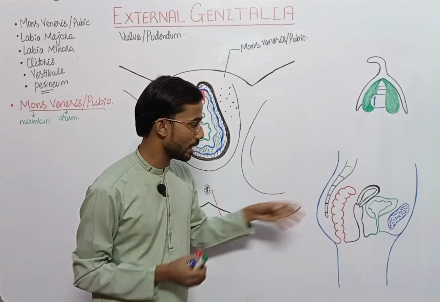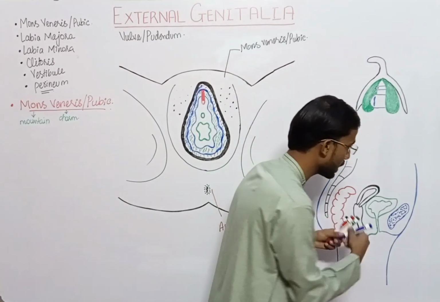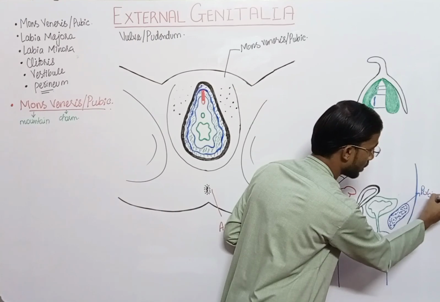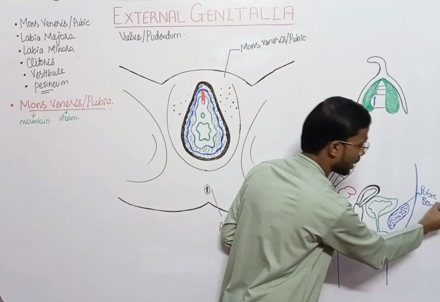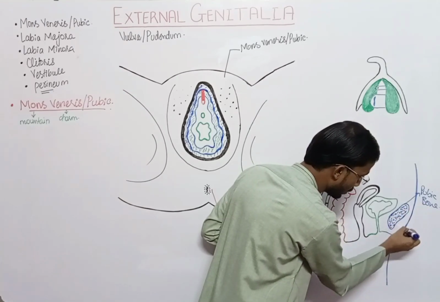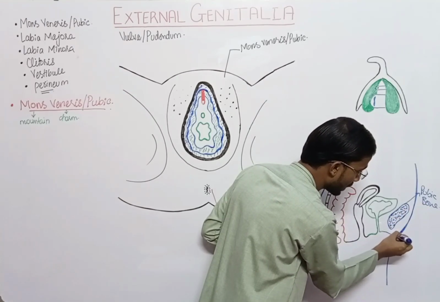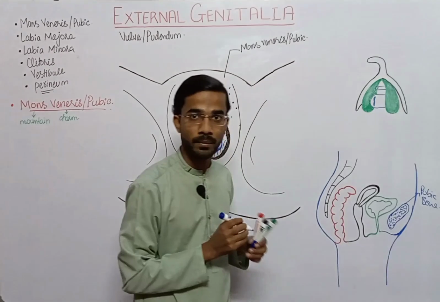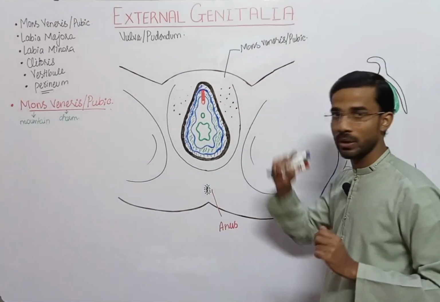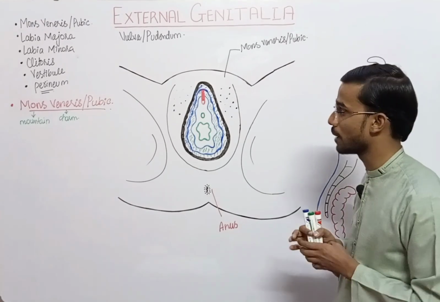Here you can see this bone is the pubic bone, and in front of the pubic bone there is the mons pubic, or mons veneris. This is the first component of the female external genitalia.